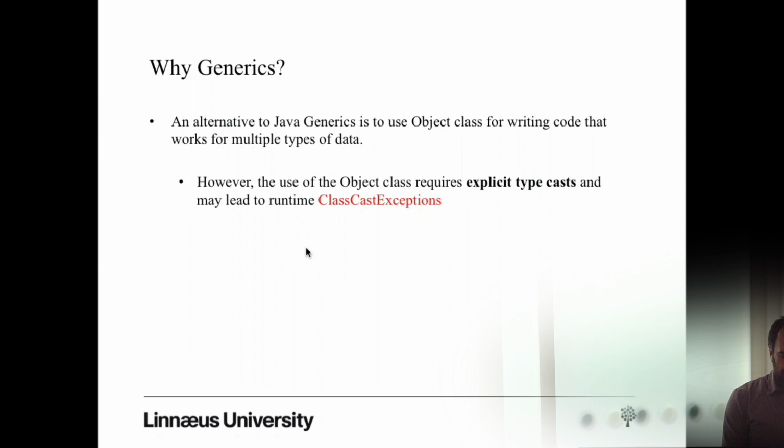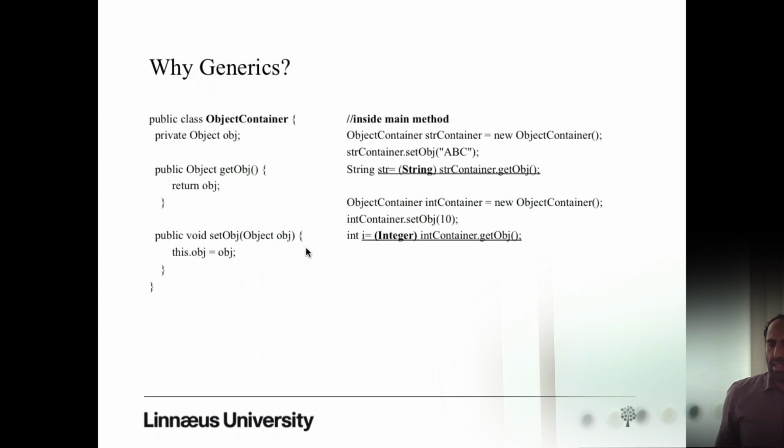Another example: as we say, in Java we have an Object class. So we want to create a class, a type that we call an object container, that can contain or hold a value of any type: integer, numeric, float, character, boolean, whatever.